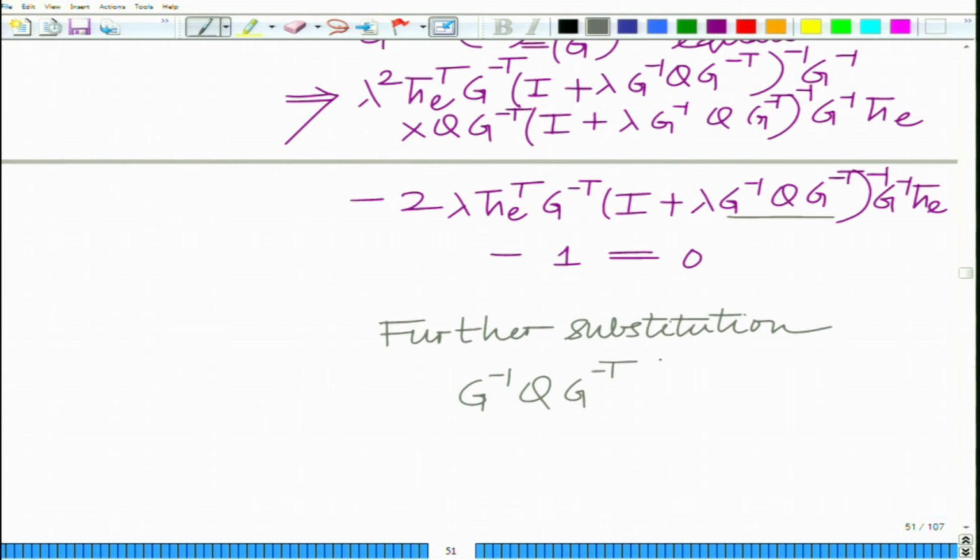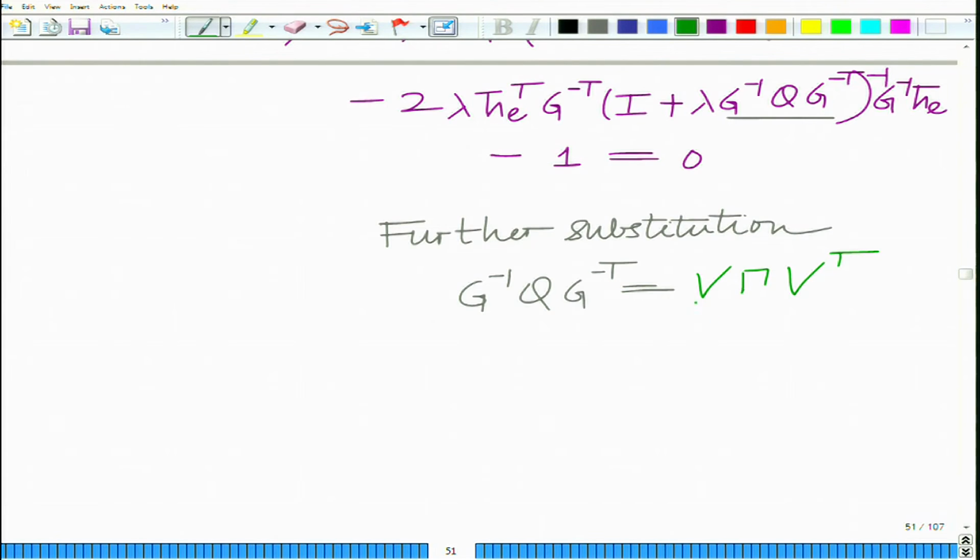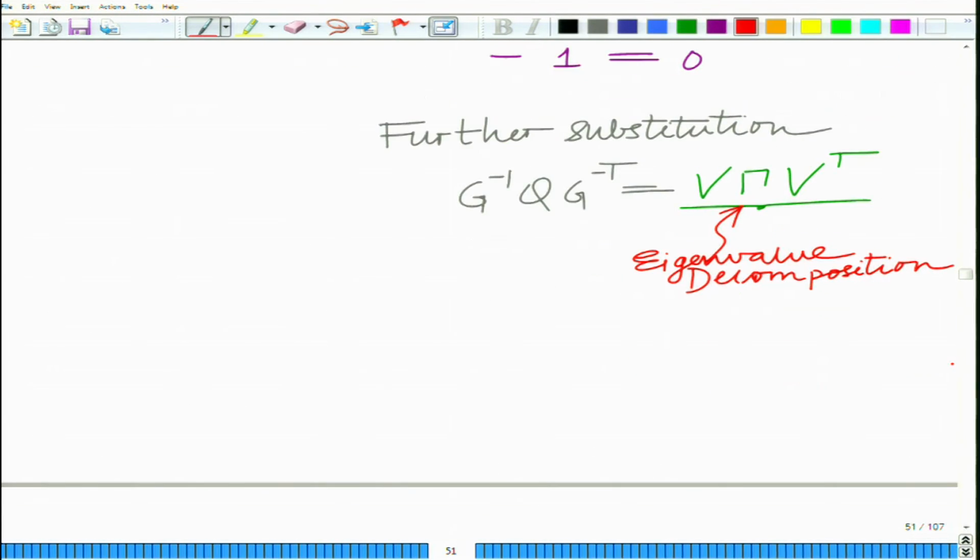So, G inverse Q G minus transpose, we employ its eigenvalue decomposition as follows, that is V gamma V transpose. So, this is basically the eigenvalue decomposition of this matrix G inverse Q G inverse transpose, and this matrix gamma is the diagonal matrix of eigenvalues.